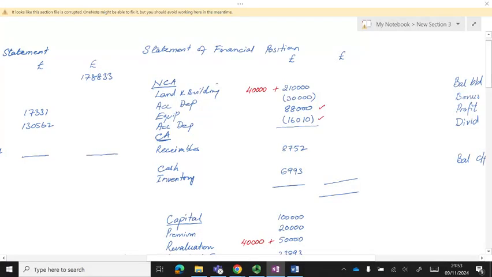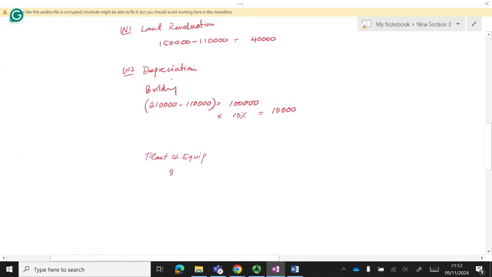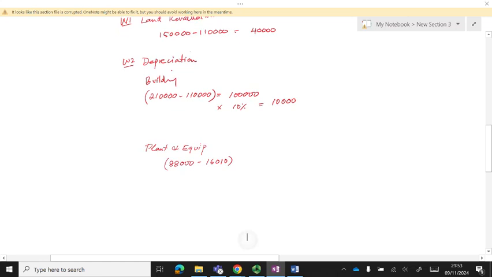If we subtract accumulated depreciation from the value of plant and equipment, we will find the net book value. 88,000 minus 16,010 will give me the value of my plant and equipment, which is 71,990, and I will apply the 20% reducing balance method, and the depreciation charge will be 14,398.